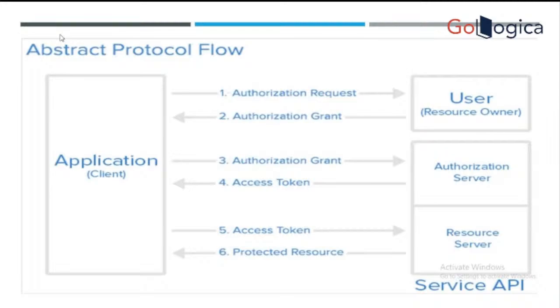So now the question is raised again: first, what type of protocol is used for which application, and now what type of grant type is supposed to be used by the authorization server to get an access token for our client or application.